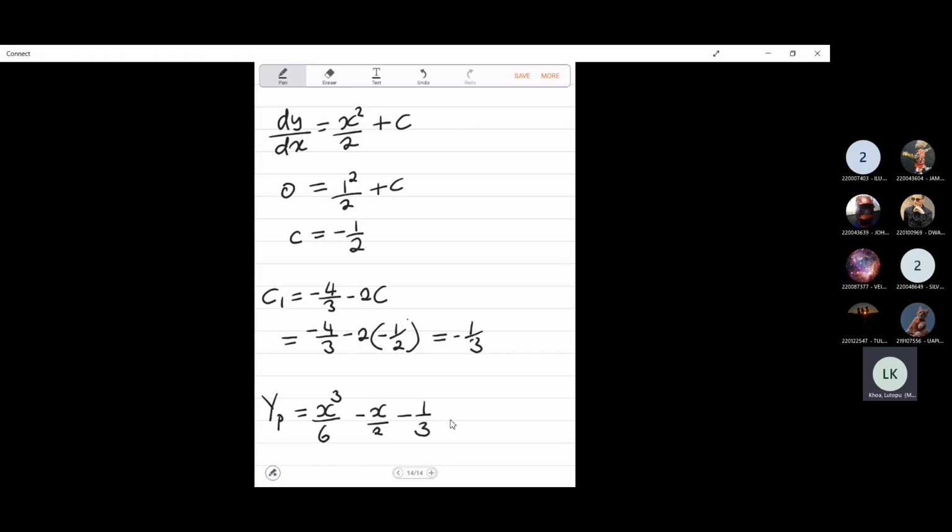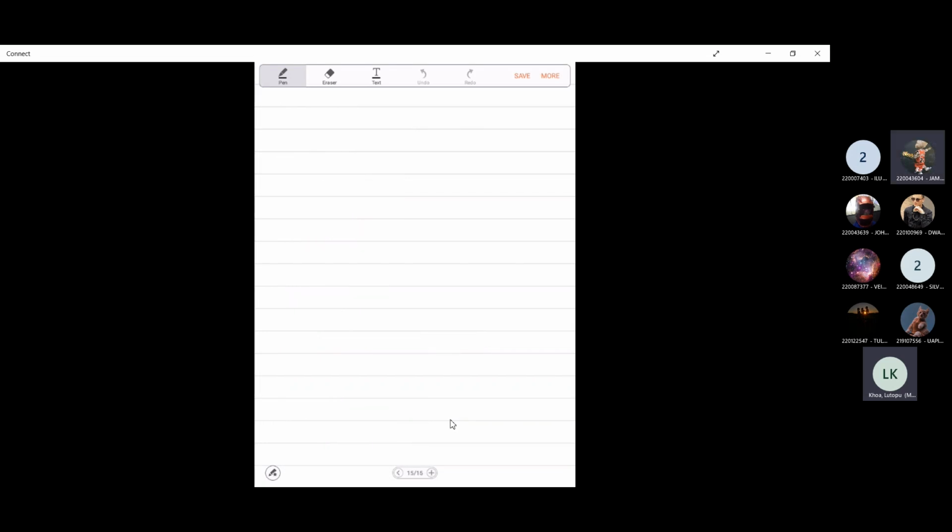Okay, then another technique that we use for solving differential equations is what we call separation of variables. So again, these are the basic ways that we solve differential equations.